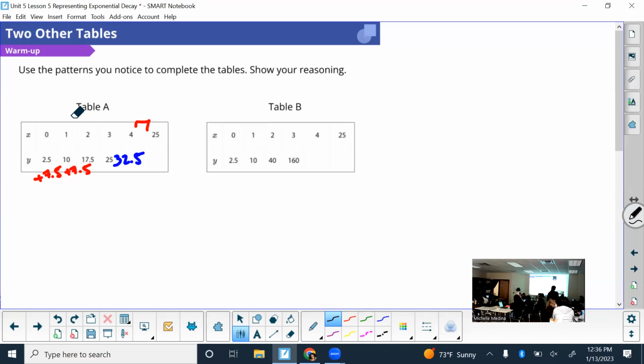Table 4. I'm not trying to get the y value right now. My question is, if I'm adding the same amount each time to something, what would my graph look like?